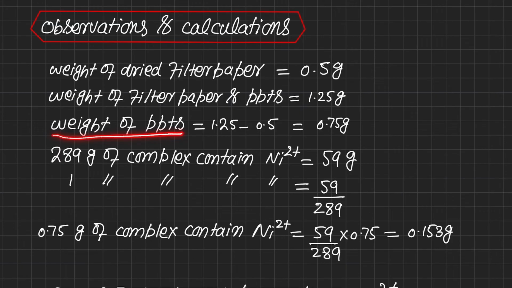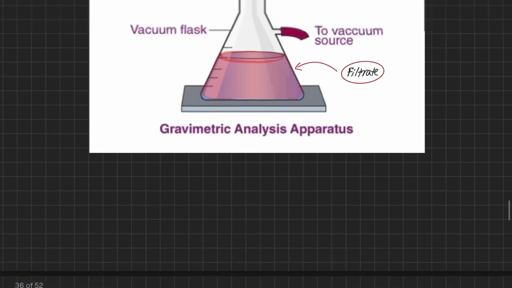So what will be the yield of precipitates? We subtract the weight of the empty filter paper from the loaded filter paper, and the answer is 0.75 gram. So the weight of dried precipitates is 0.75 gram.